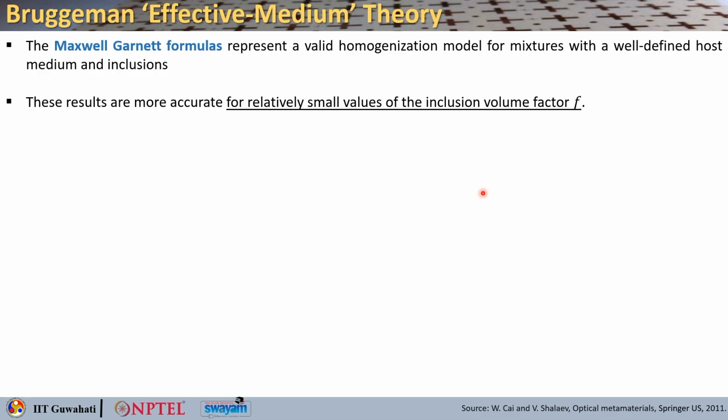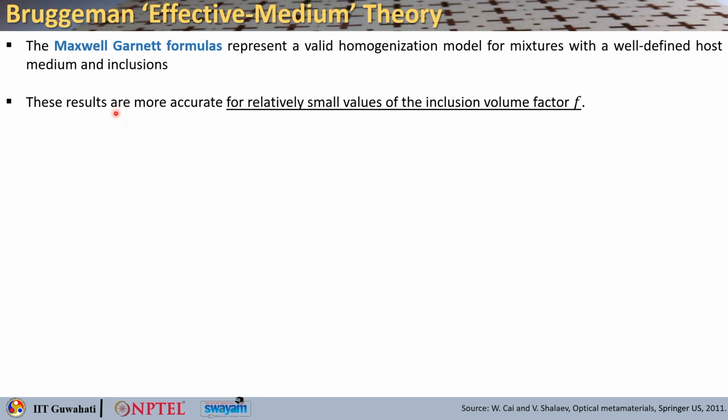So, till now we have seen that the Maxwell-Garnett formula represents a valid homogenization model for mixtures with well defined host medium and inclusions. But there are some cases where things get mixed up. Okay, we will see those.